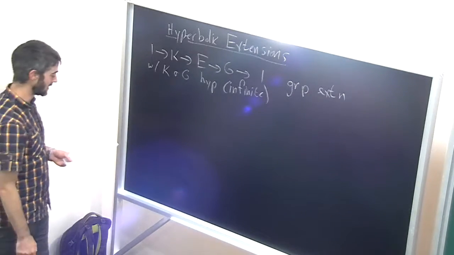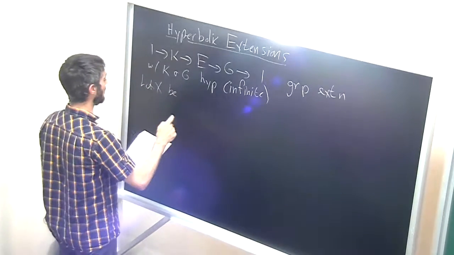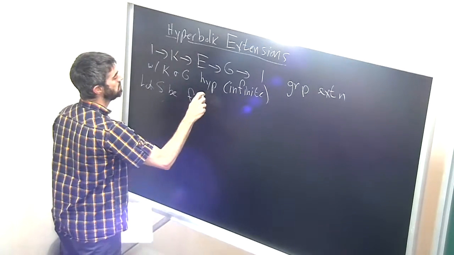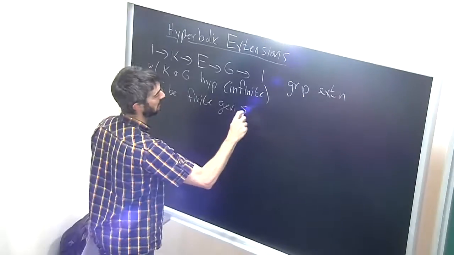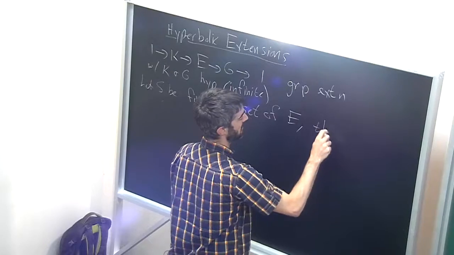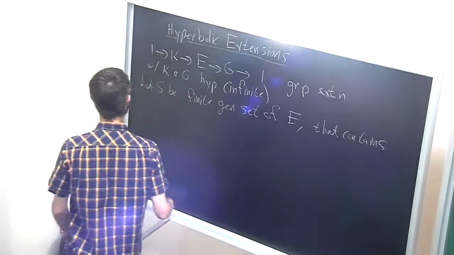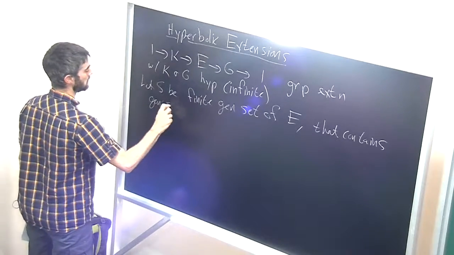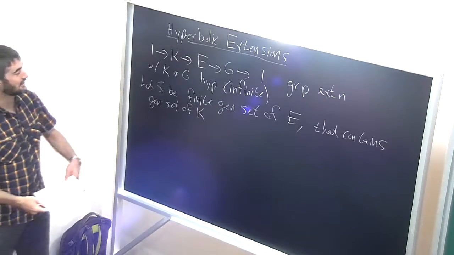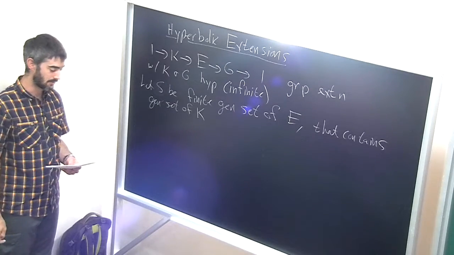OK, so let's just set up a little bit of notation here. Let S be a finite generating set of E, and let's suppose that it contains a generating set of K. So inside of E, I think of K as a normal subgroup of E, and I want to throw the generators of K into it.